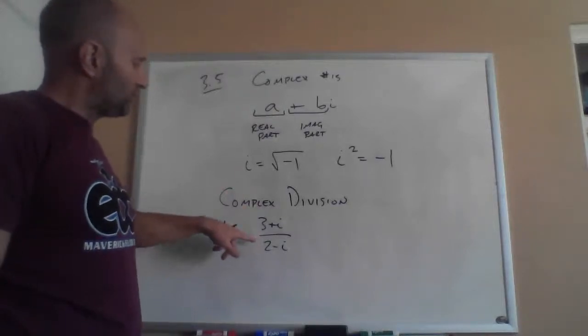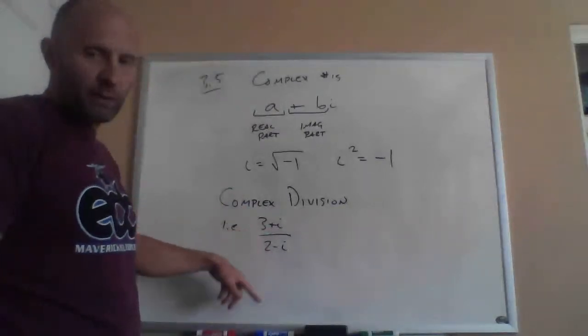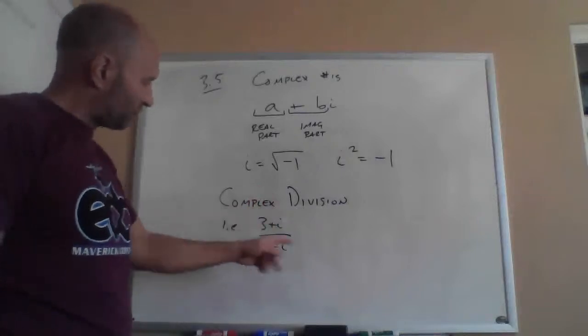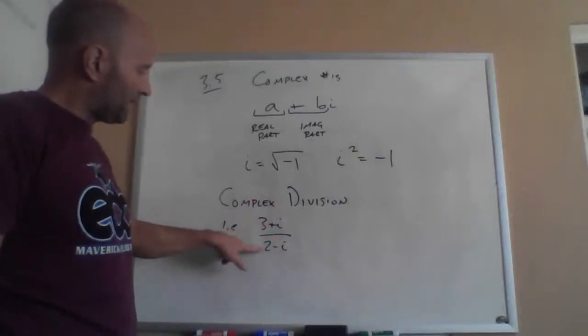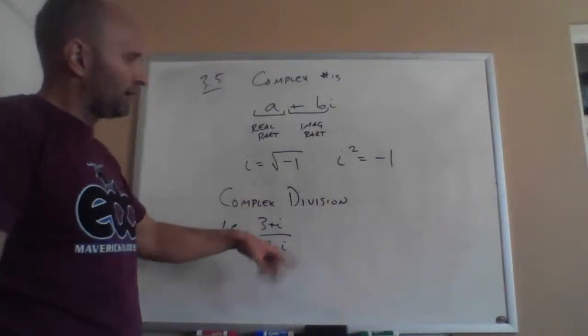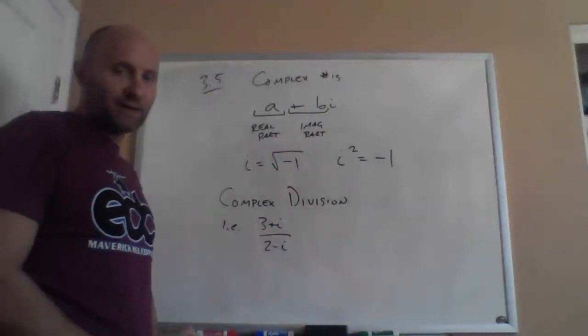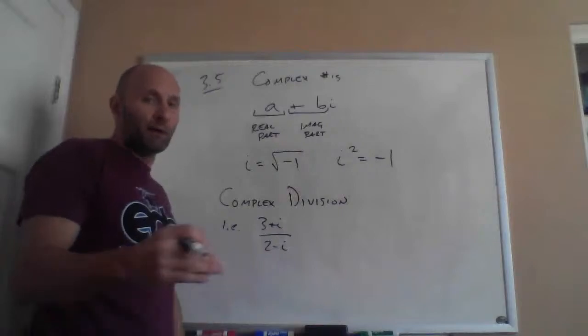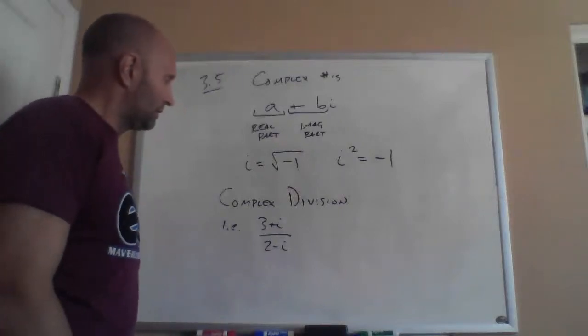If the question said, what's the real part and what's the imaginary part, I don't just separate these off like, oh, 3 divided by 2, that's the real part, and 1 divided by -1 is -1, so that's the imaginary part. That's not how you do that. If you do that methodology, it's going to be wrong.